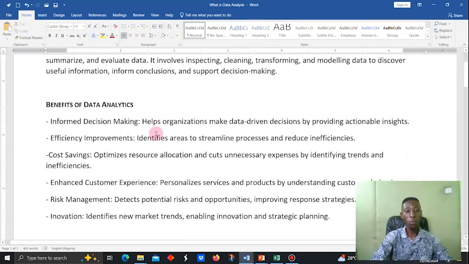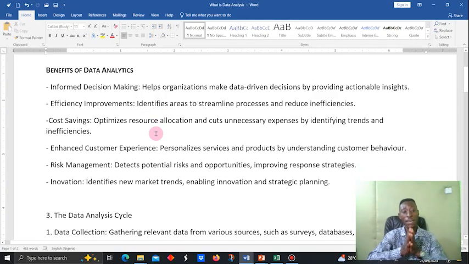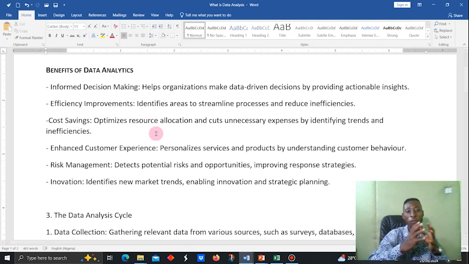Now, we can also look at the benefits of data analysis. First, informed decision making. It helps organizations make data-driven decisions by providing actionable insights. For example, how many staff do we need to employ, or do we need to cut down on cost in a particular area?